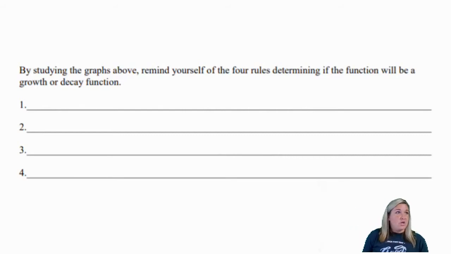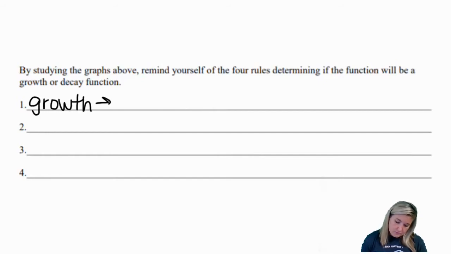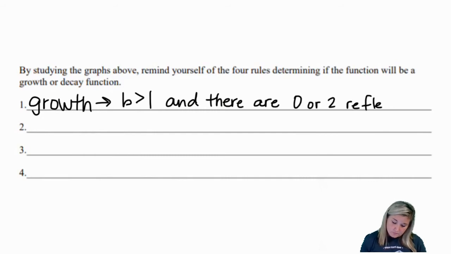So for growth, we're going to have b is greater than 1, and there are 0 or 2 reflections. So 0 reflections would mean that the entire thing is not negative, or that both the number and the exponent are negative.